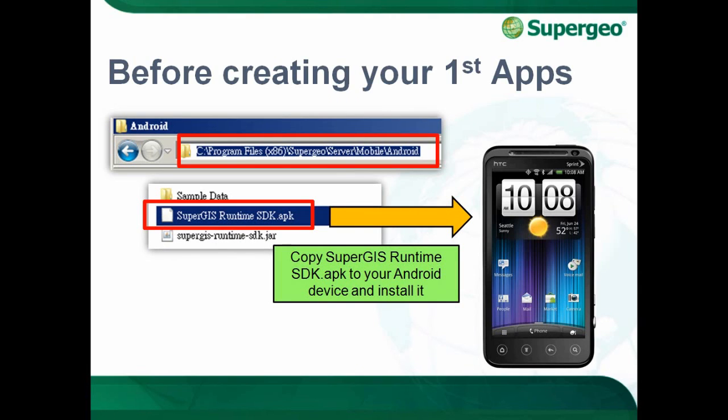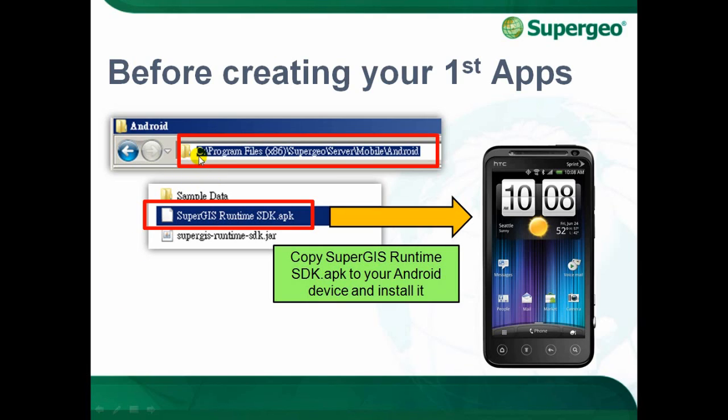After the tools, there's one more thing you need to pay attention to. While we are creating our first apps to access the map service from our SuperGIS products, we need to go to this folder.